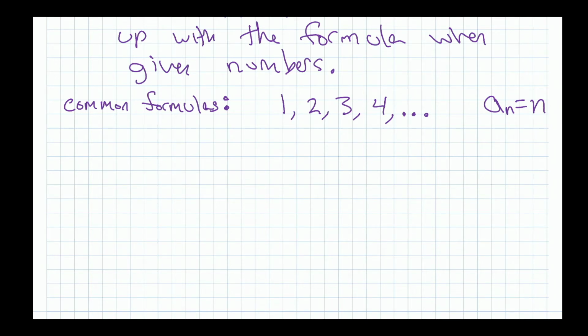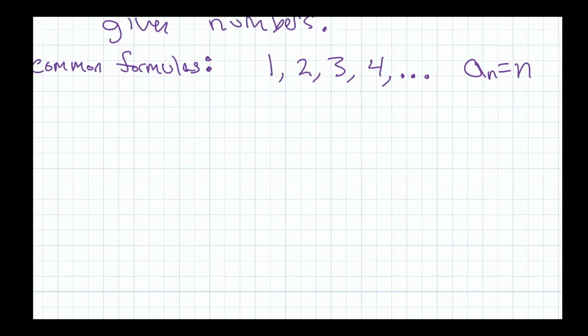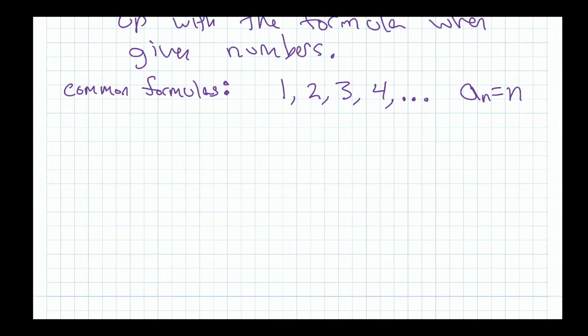Okay, does that make sense? 1, 2, 3, 4 is just an equals n. You know, if you did this, how would you do 2, 4, 6, 8?